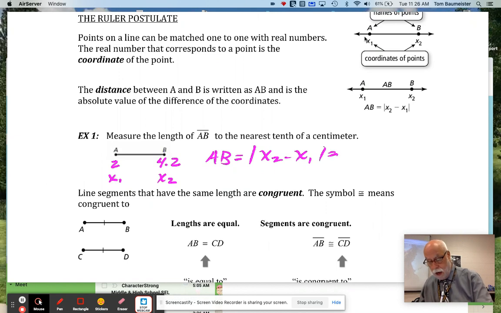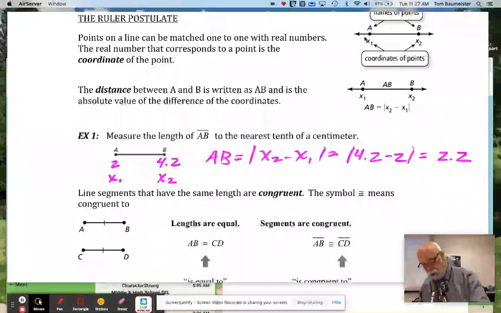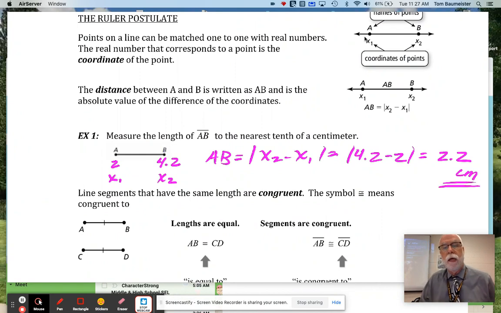In this case, I have 4.2 minus 2, which gives us 2.2. Remember, if it was a negative, the absolute value makes that negative a positive. And I just told you it was in centimeters. So remember to use your units. If they don't give it to you, you have to put it in there, or they will mark it wrong.